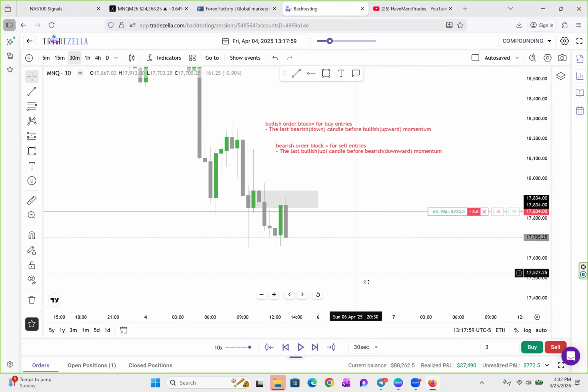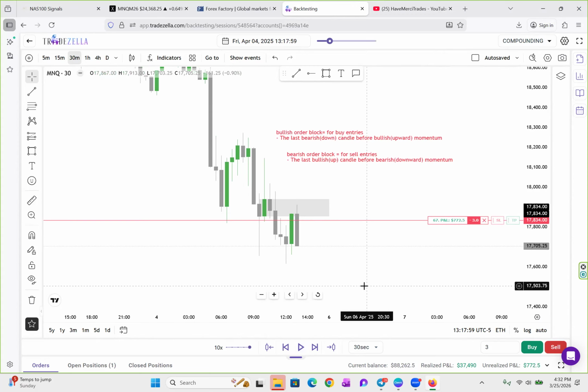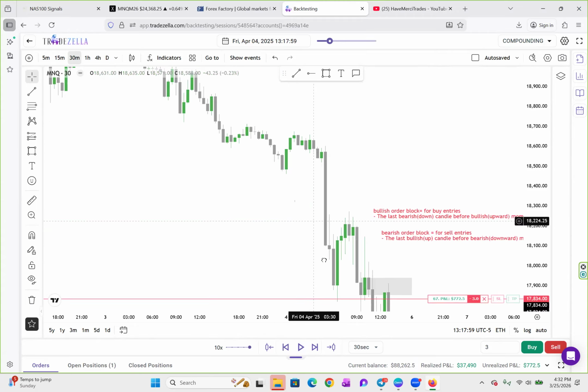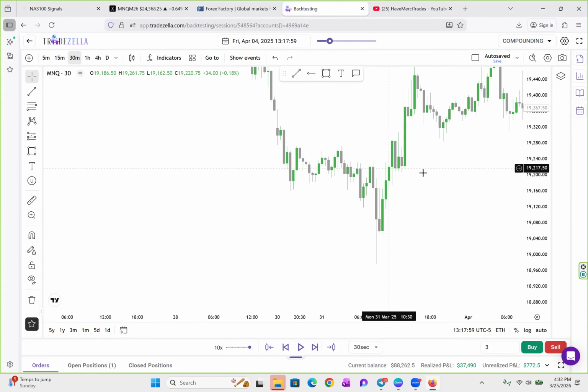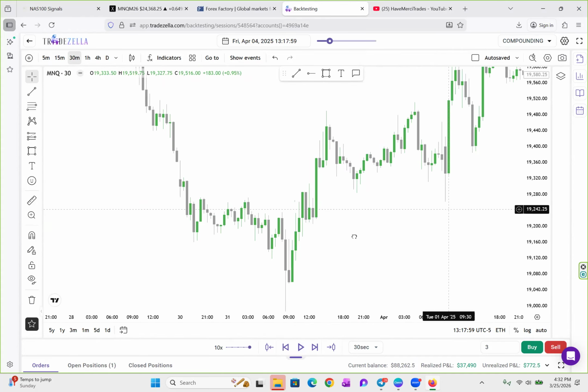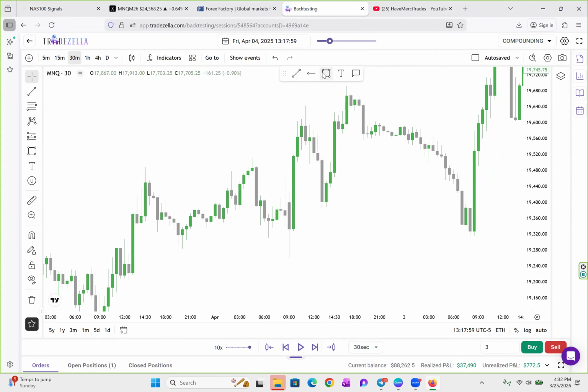So it's important to remember bullish order blocks are for buy entries. Bearish order blocks are for sell entries. A bullish order block you can find mainly in bullish momentum markets, and it is the last bearish candle before bullish momentum.